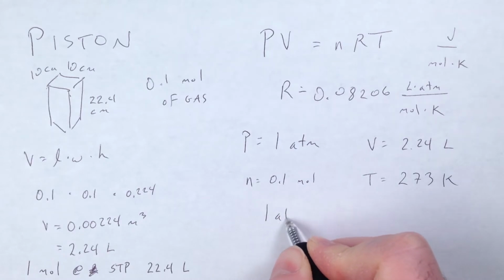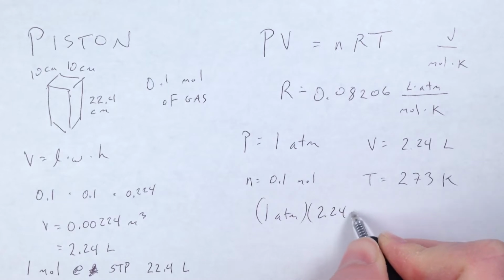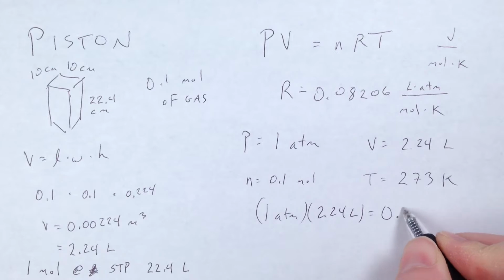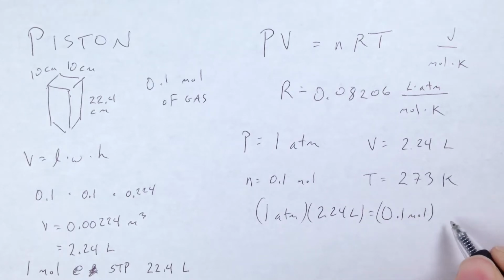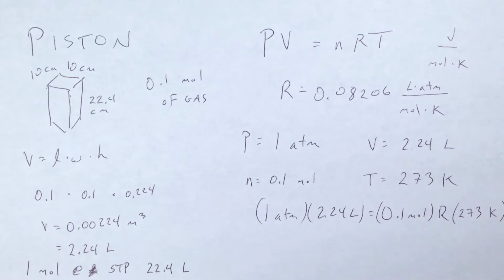PV equals n, oh boy, that number is going to be kind of big, and I'm going to run off frame. So I'm just going to stick R in here. R and then T. Just barely made it.